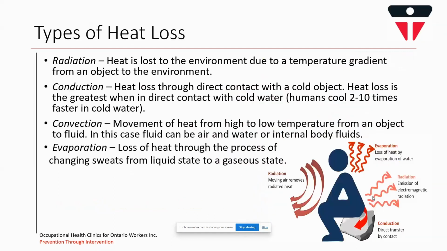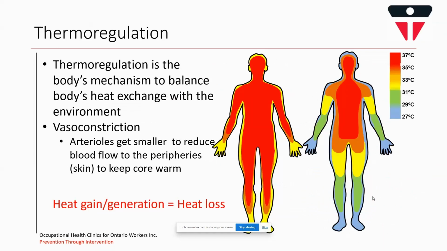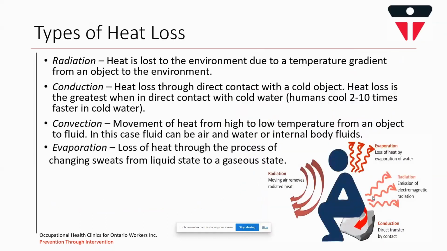And our body tries to conserve heat by different mechanisms, which we will see in the next slides, through vasoconstriction and shivering and other body responses. But before that, it's good to know that there are 4 different mechanisms by which any body can lose heat, which are radiation, conduction, convection, and evaporation.